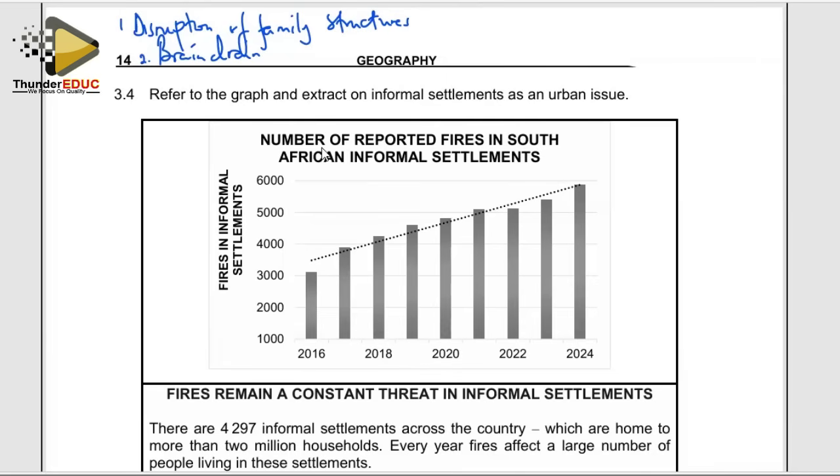And also we can look at the problem of aging population. Usually the active ones are the ones who move to urban areas. The elderly and the youth, the young ones, they stay behind. So who has to take care of the elderly? There's a problem of the aging population.